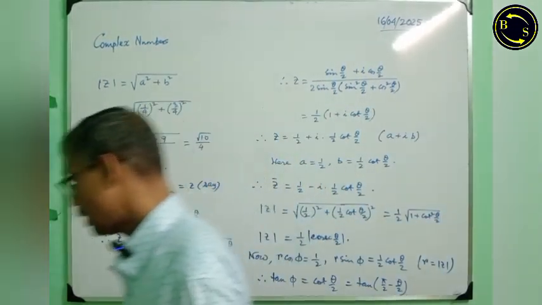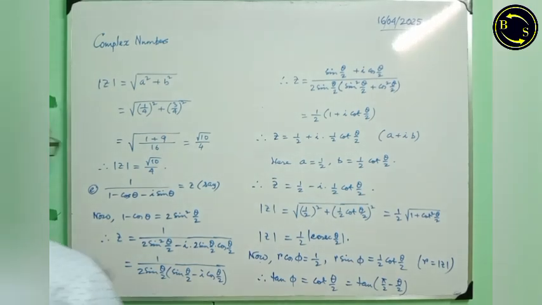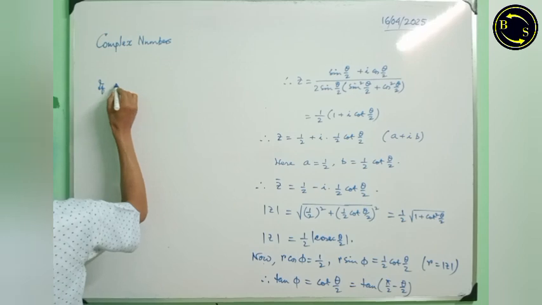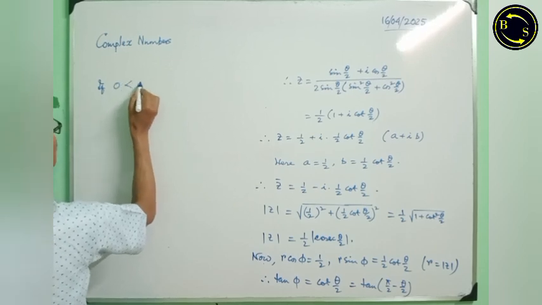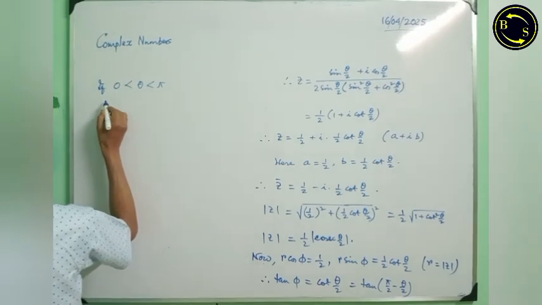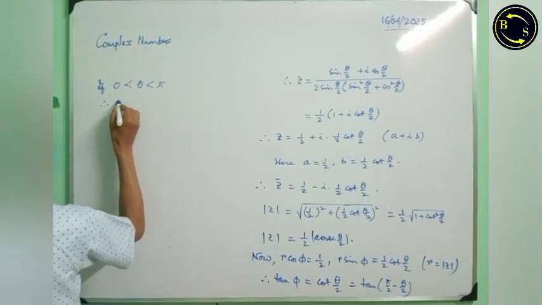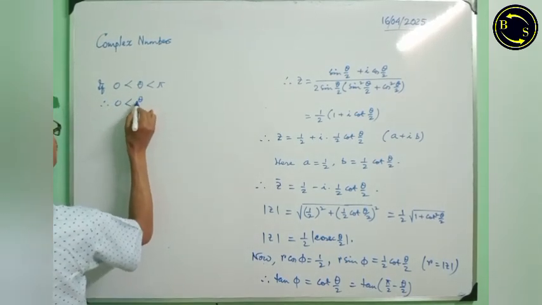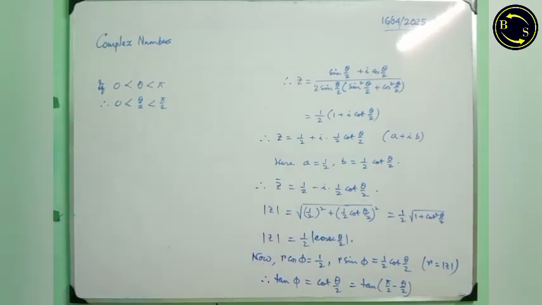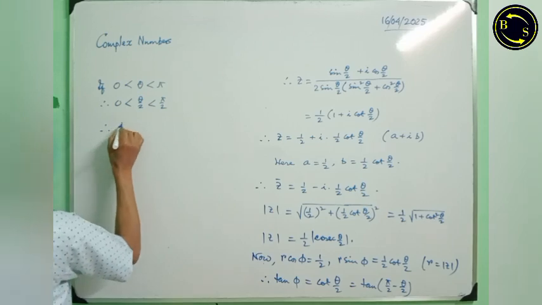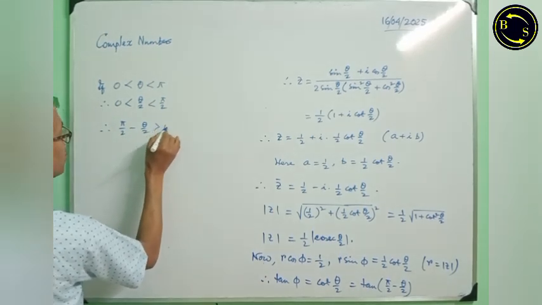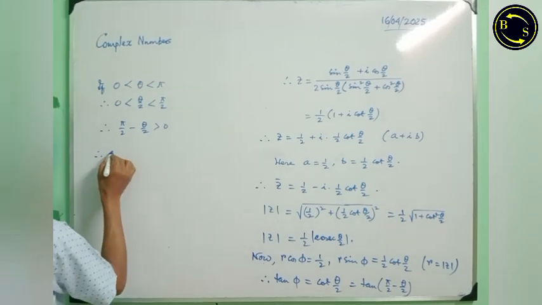Therefore, in that case, 0 less than theta by 2 less than pi by 2, therefore pi by 2 minus theta by 2 greater than 0.